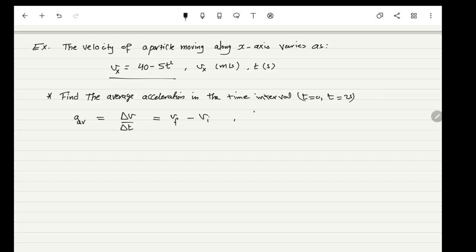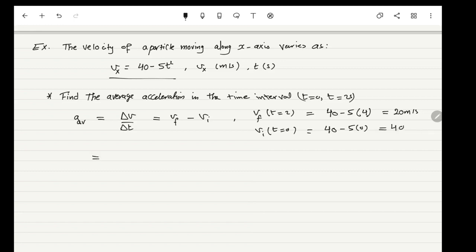So we need to calculate the v final when t equal to 2 seconds and v initial when t equal to 0 seconds. Now v final when t equal to 2, it's equal to 40 minus 5 multiplied by 4, which equal to 20 meter per second. Now when t equals 0, it's 40 minus 5 times 0, so it's equal to 40.